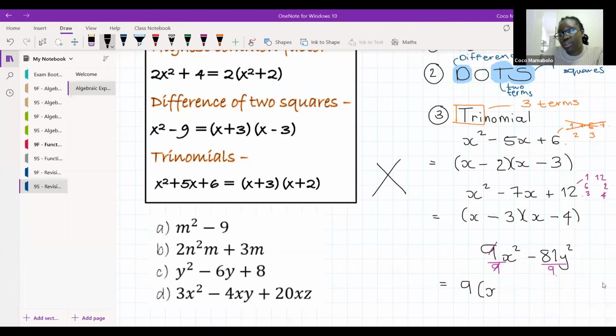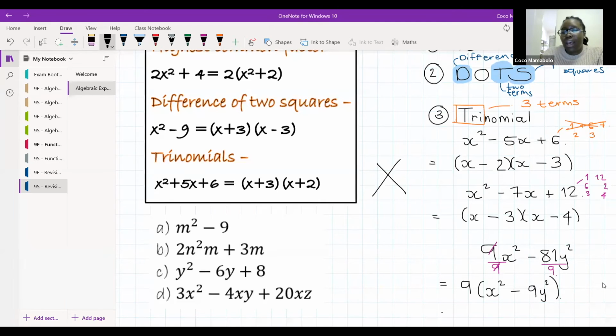Good, I have x squared. Minus, what is 81 divided by 9? 9. Yes, it's 9. But what do I also have left here? y squared. Good, I have y squared left.